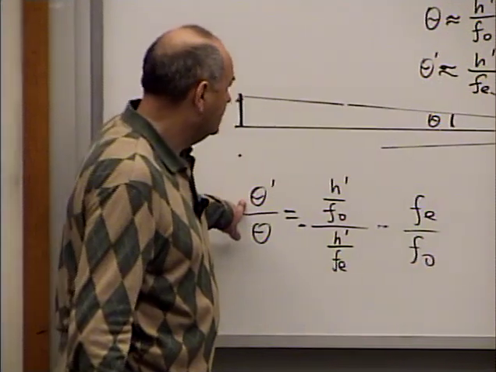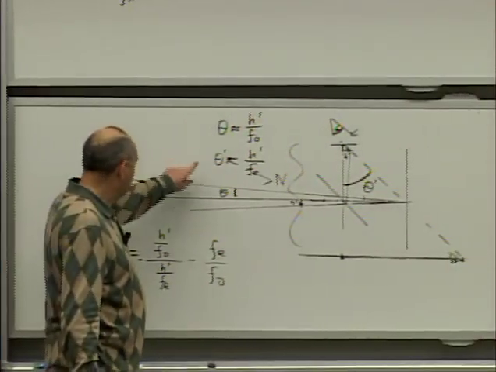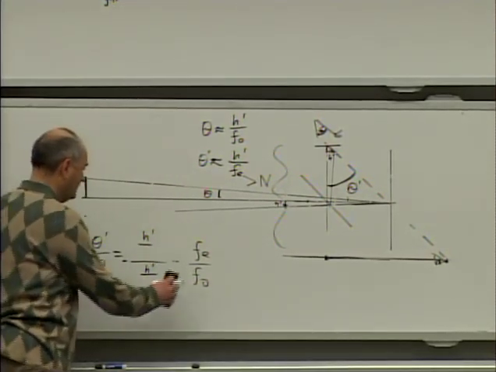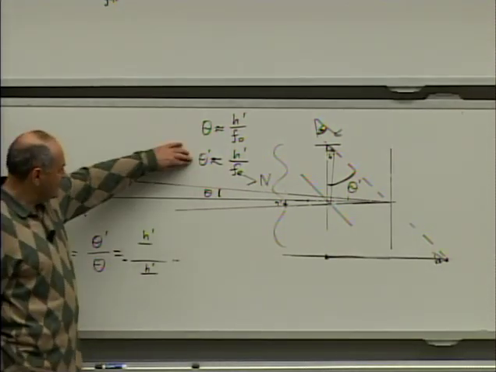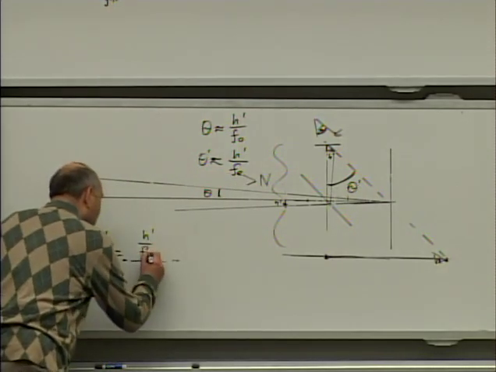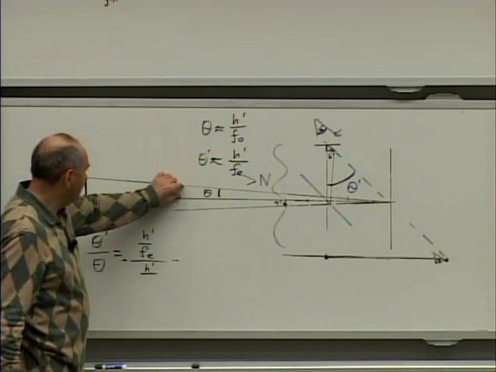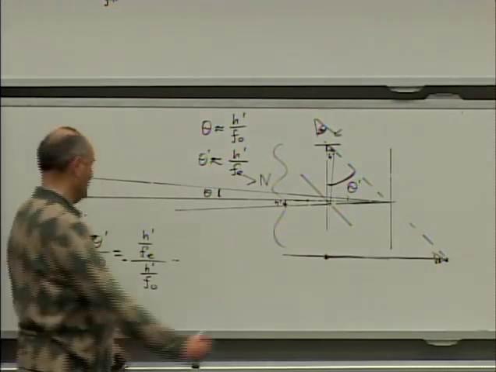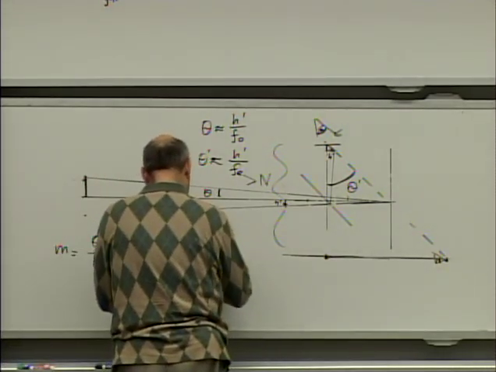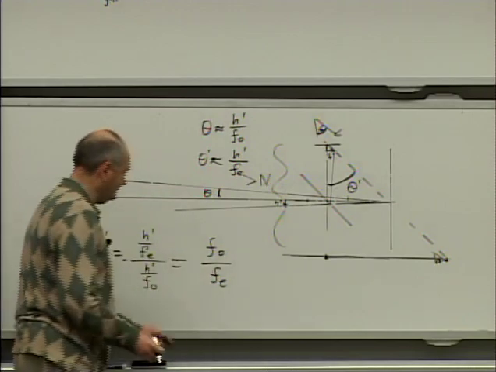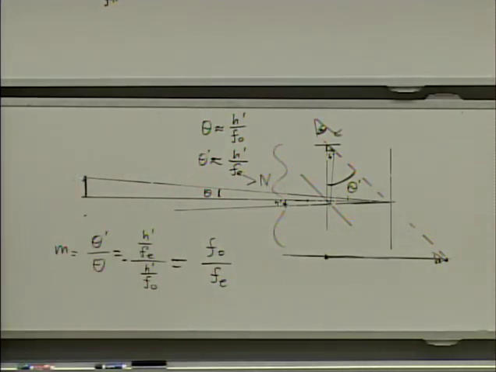Theta prime. Theta, oh, here's where I made the error. Theta prime was h prime divided by focal length of the eyepiece, and angle theta is h prime divided by the focal length of the objective. All right, so now we are home. Okay, so we recovered from that.